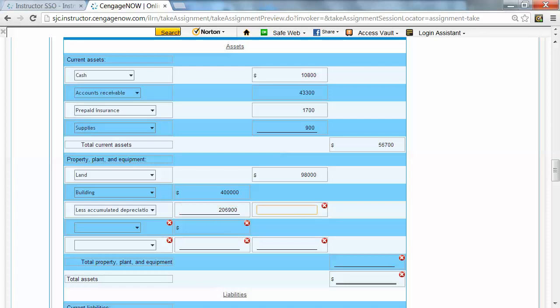Our net book value is the difference between these two numbers. And that's going to be $193,100.